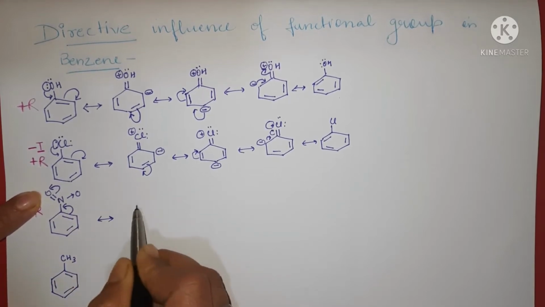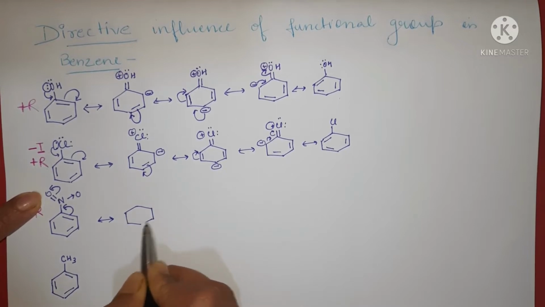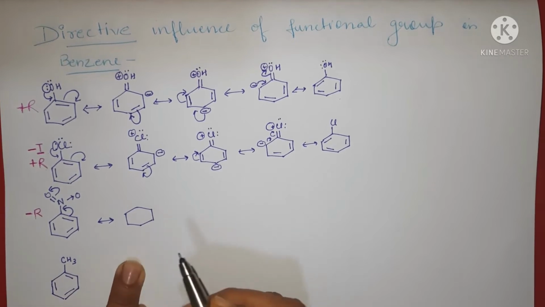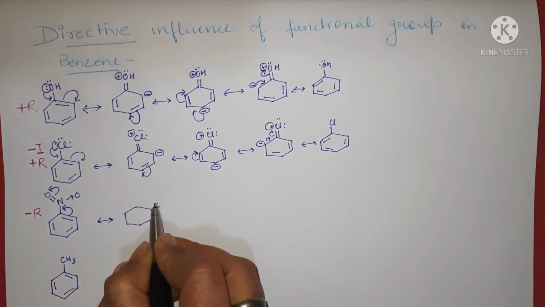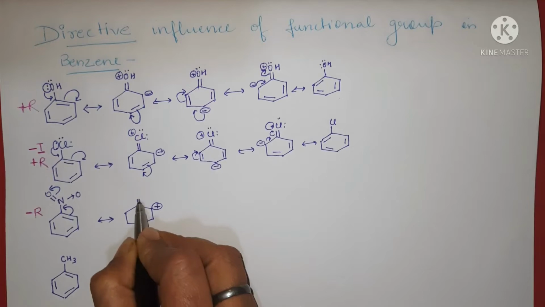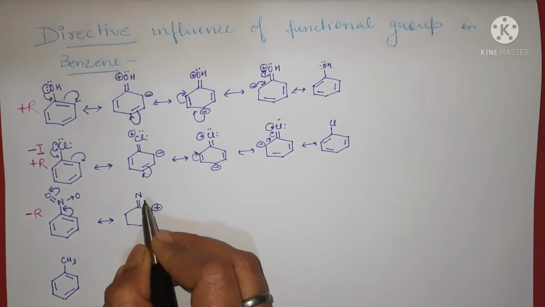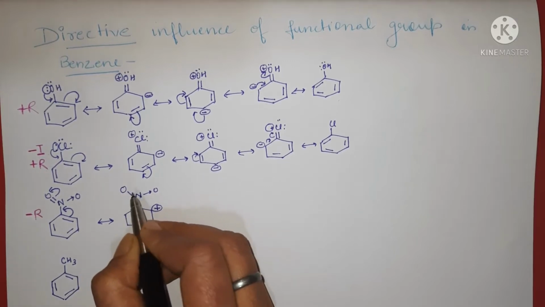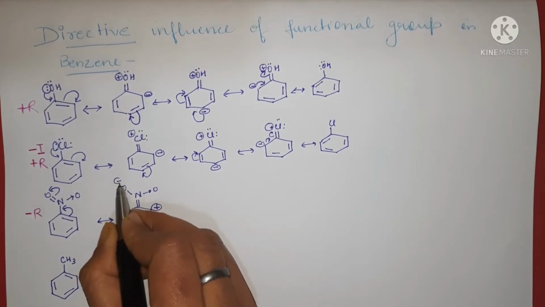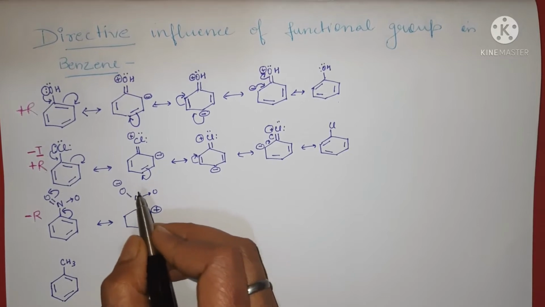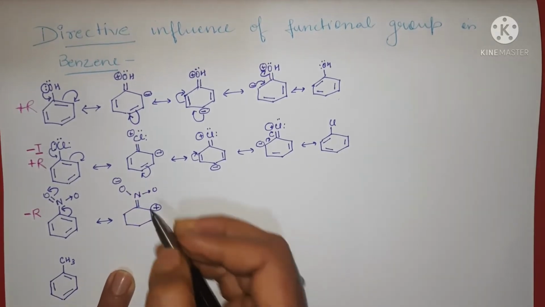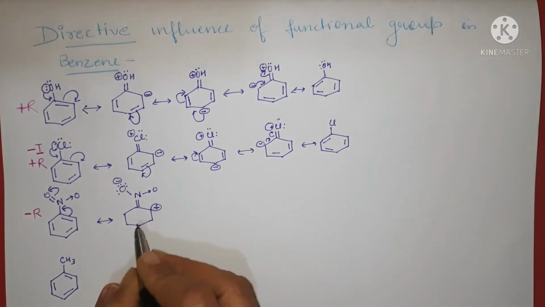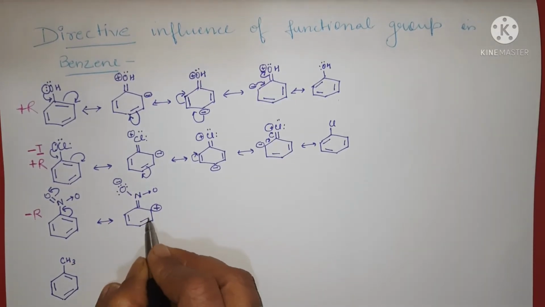So if we draw the resonating structure here, we will get a positive charge here, a positive charge here, a double bond here, and here oxygen has a negative charge with the lone pair. All right, and the rest of the double bonds are like this.